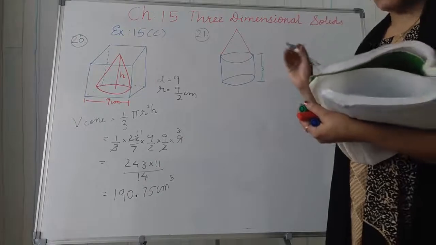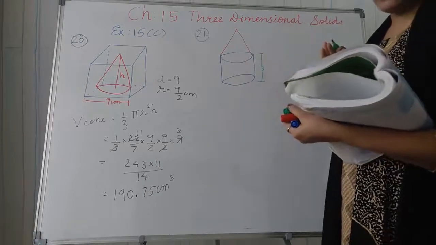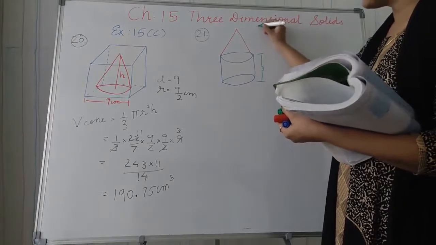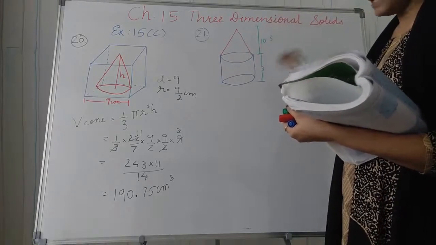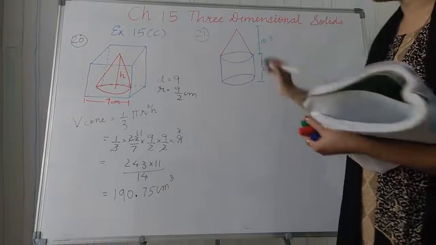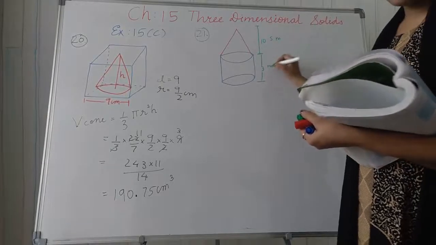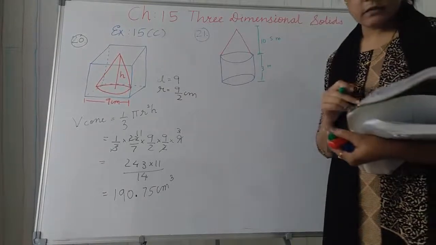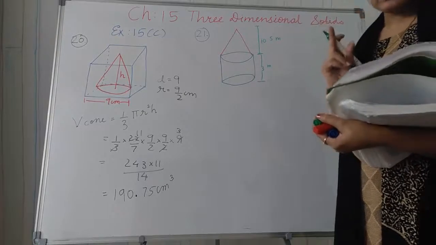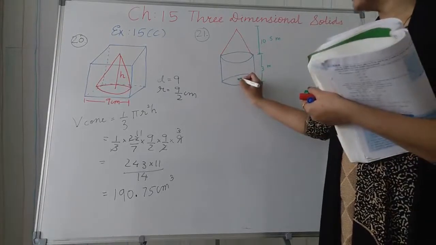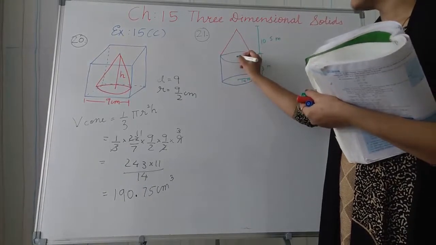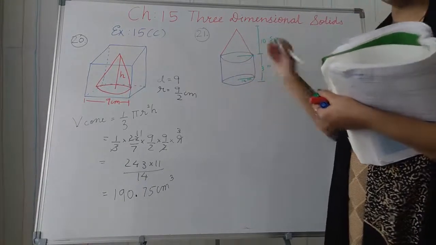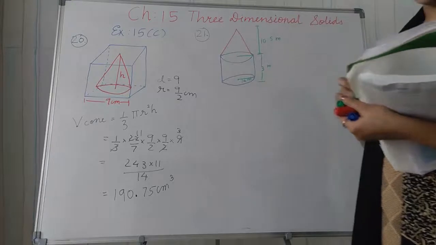The maximum height means total height is 13.5. So how much is this, students? It will be 10.5, so that the whole height will become 13.5 meters. Then in the last line, the radius of the base is given as 14 meter. So this is 14 meter, and this also 14 meter, same for cone and cylinder.